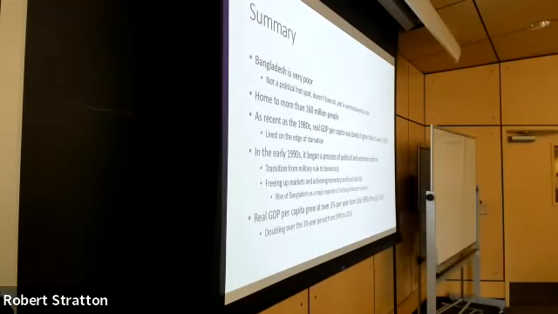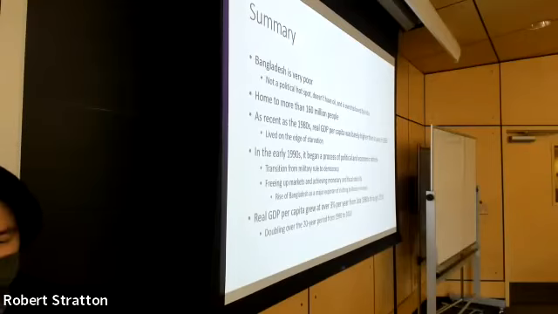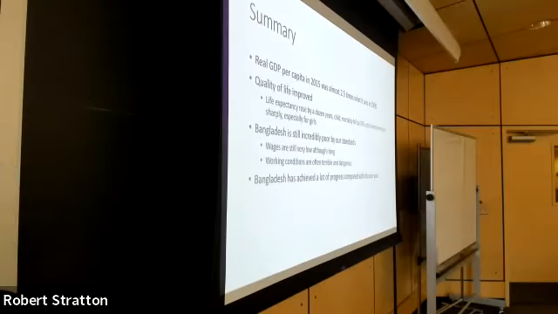And real GDP per capita grew at over 3% per year from the late 1980s to 2010, which doubled over the 20-year period from 1990 to 2010. And real GDP per capita in 2015 was almost 2.5 times what it was in 1980. And the quality of life improved in Bangladesh, which saw life expectancy rise by a dozen years.